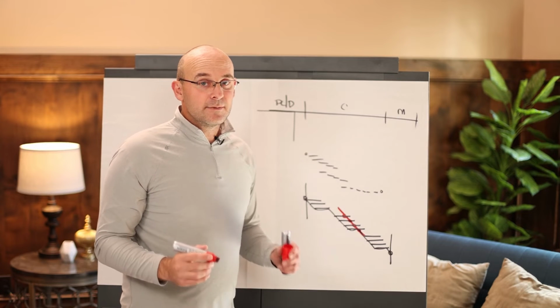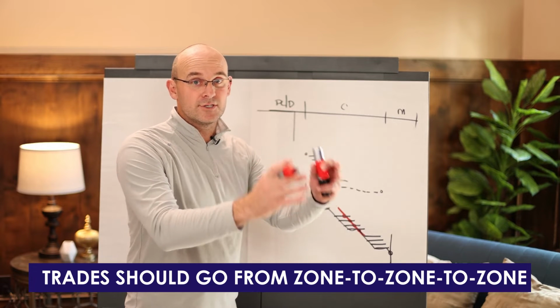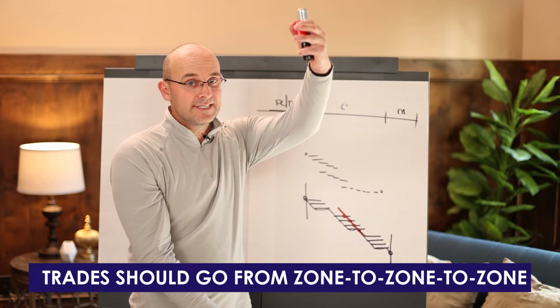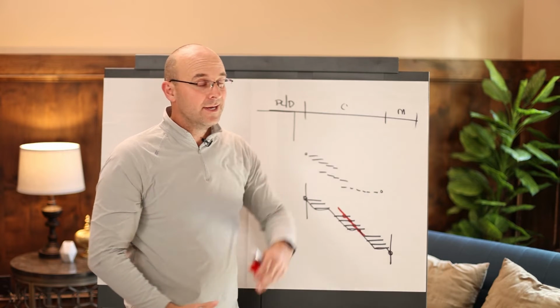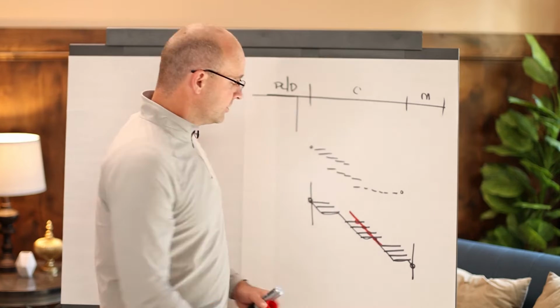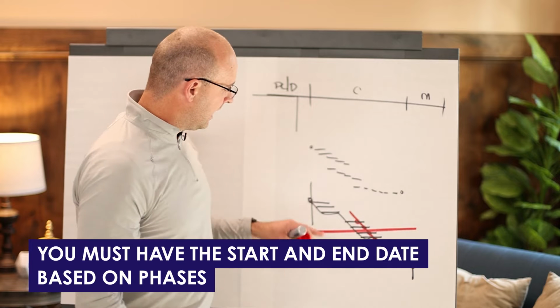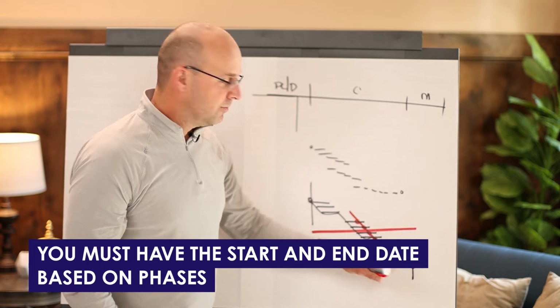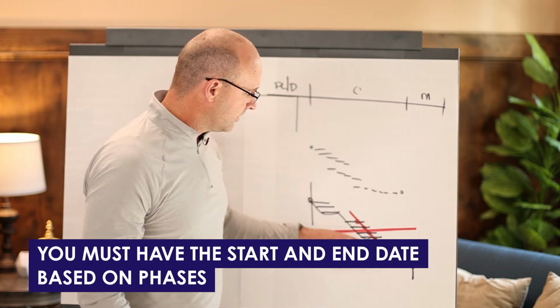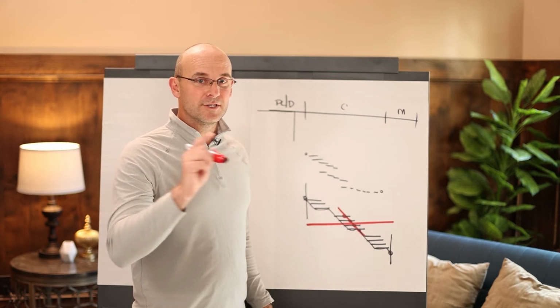The reason that's important is because trades should go from zone to zone to zone, and you can't just stack them or overburden them and expect them to do more work than they're capable of doing. So if you want this measurement to be correct, you must have the start and end date based on phases and a critical path that's summarizing good phases with trade flow.